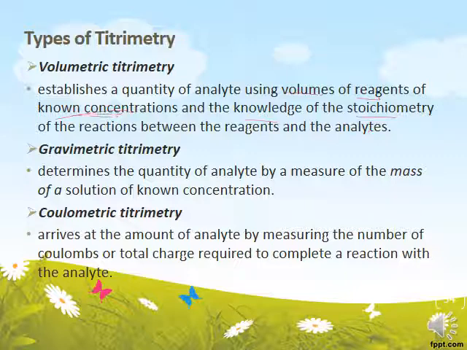Gravimetric titrimetry determines the quantity of analyte by measuring mass, because the name comes from gravity, meaning mass, of a solution of known concentration. Whereas coulometric titrimetry arrives at the amount of analyte by measuring the number of coulombs, or total charge, required when the reaction comes to completion with the analyte.